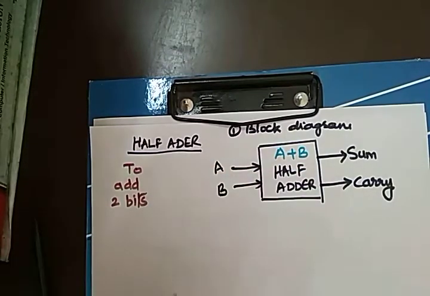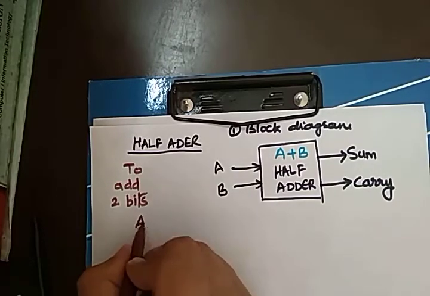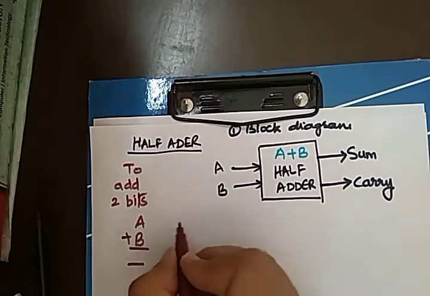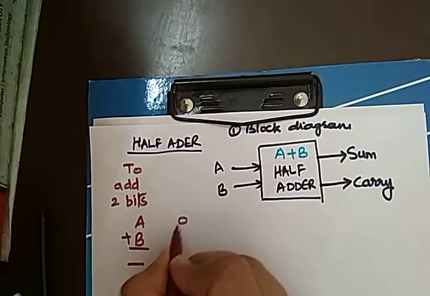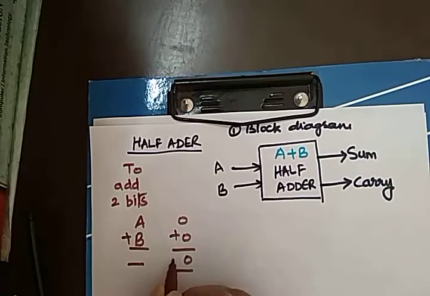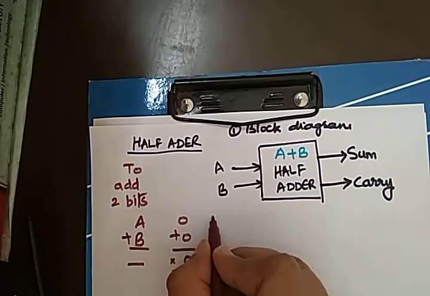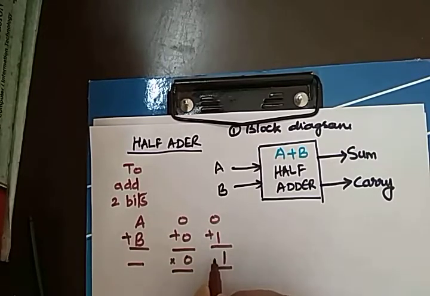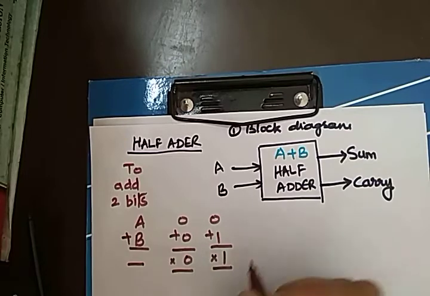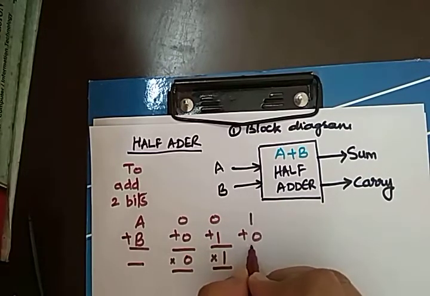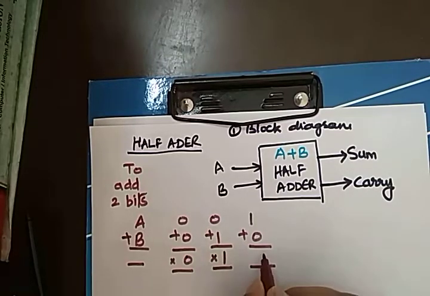Let us see how these two bits are added. When A plus B is performed, the four combinations can be 0 plus 0. The result is 0 with no carry. If it is 0 plus 1, the result is 1. Again, there is no carry. If A is 1 and B is 0, again the sum is 1 with a 0 carry.